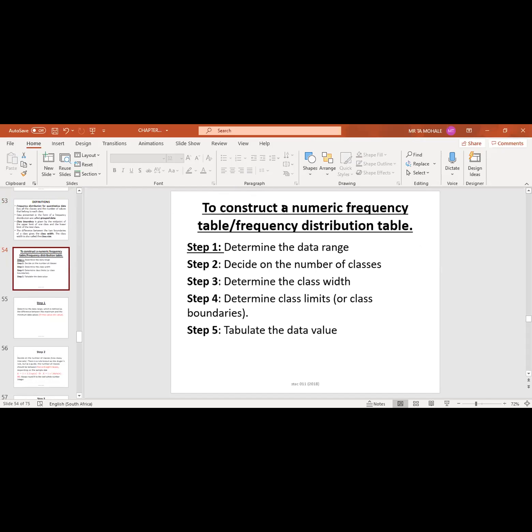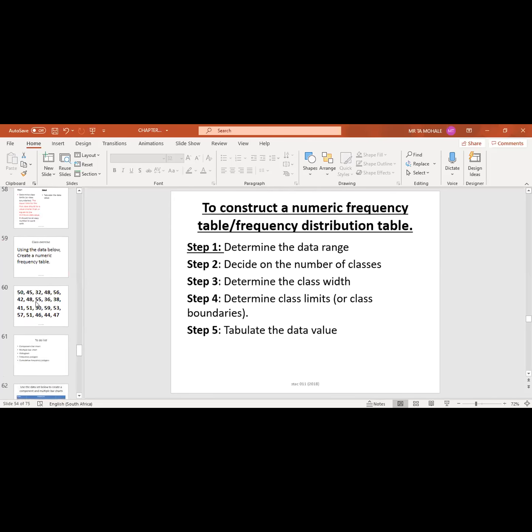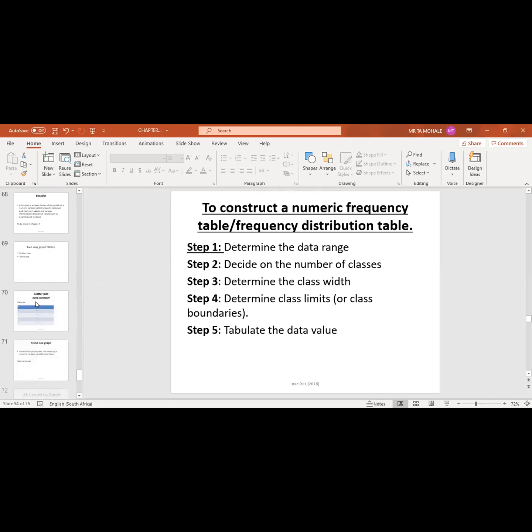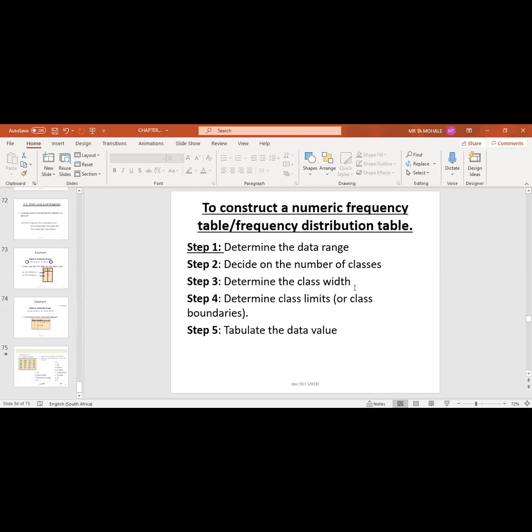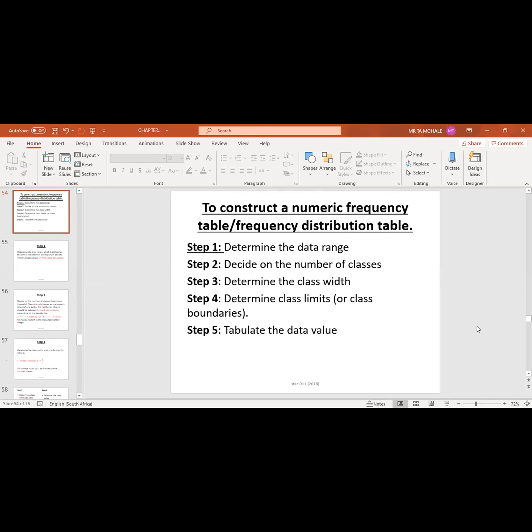You should forget a bit about the academics, but from the 1st of January, which is tomorrow, we will be continuing with our revision and we will start on this slide, the construction of a numeric frequency distribution or grouping data. So we are going to follow these steps together. And then from there, we go to chapter number 3. So that will be part of the revision.